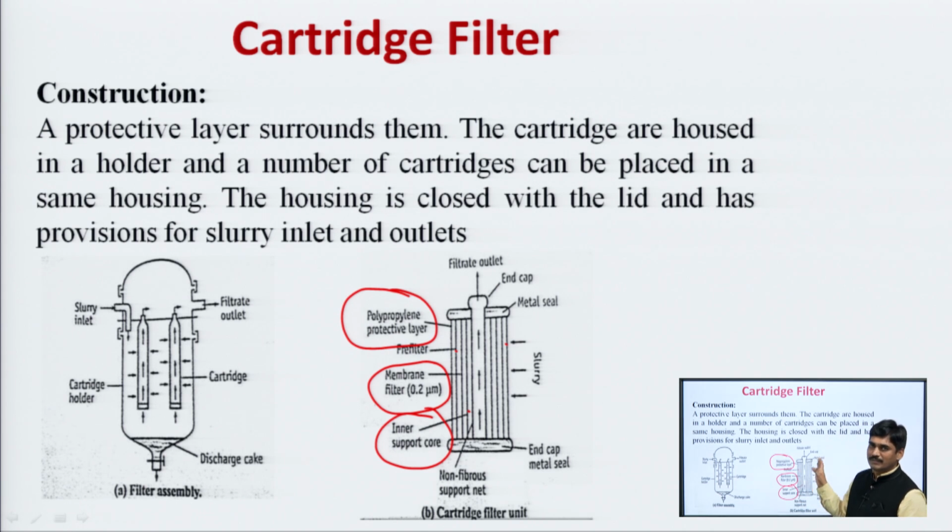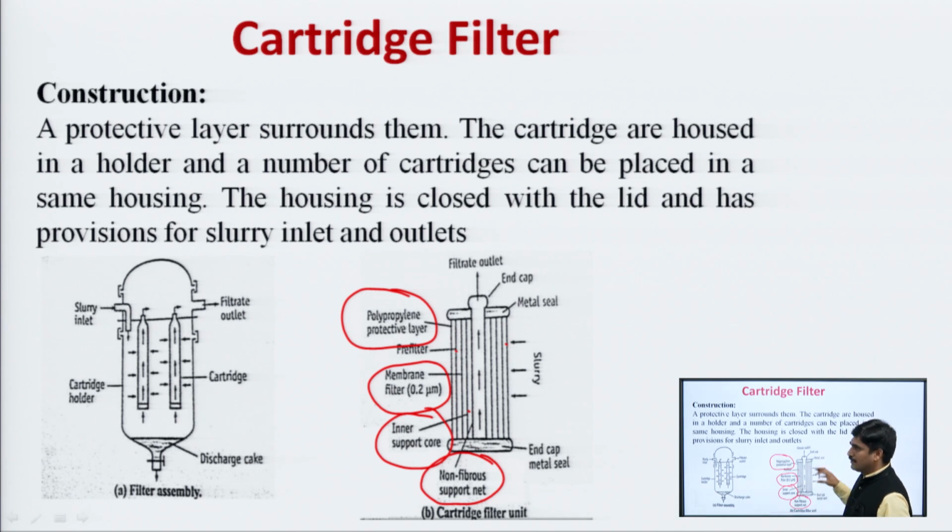So, in this way, this is the arrangement of the cartridge, and this inner layer is called the non-fibrous support net. That means, the last layer is called the non-fibrous support net.